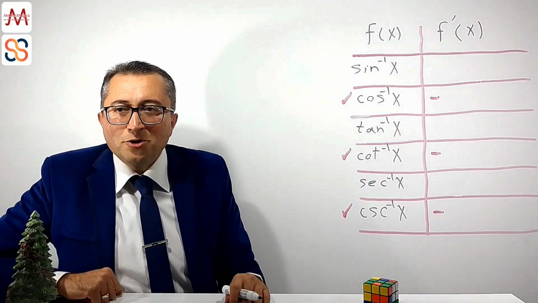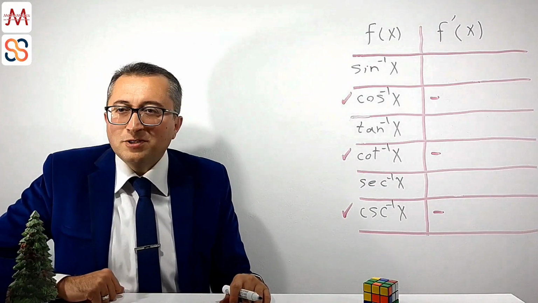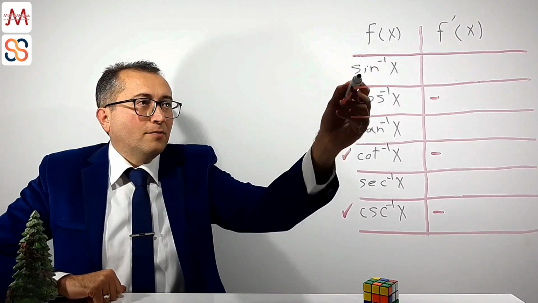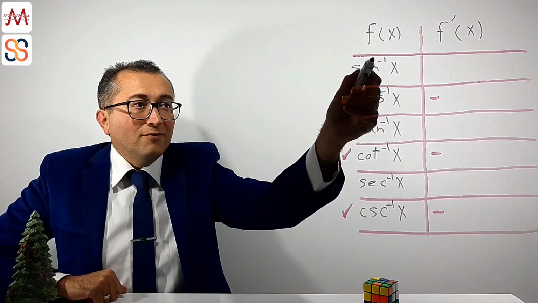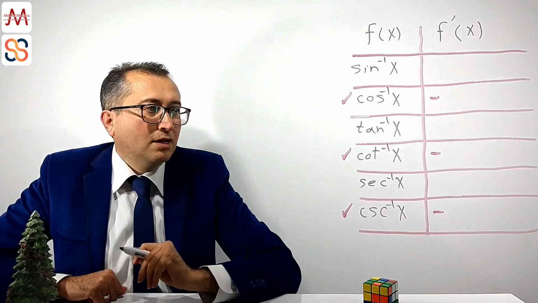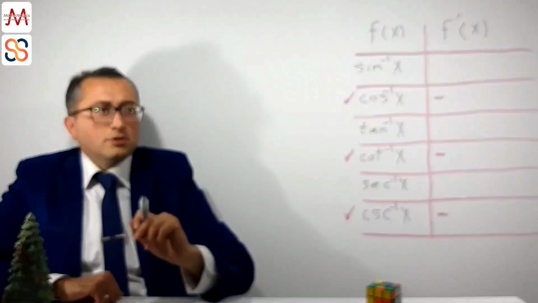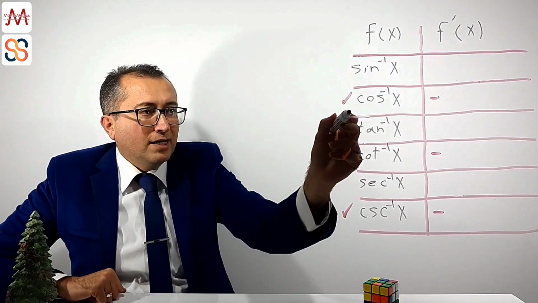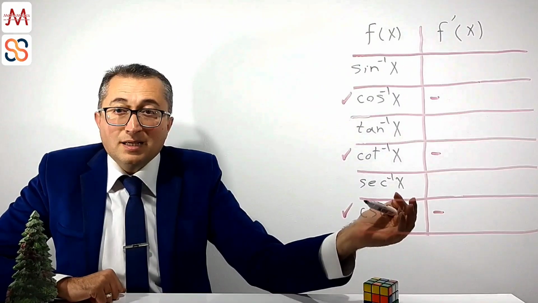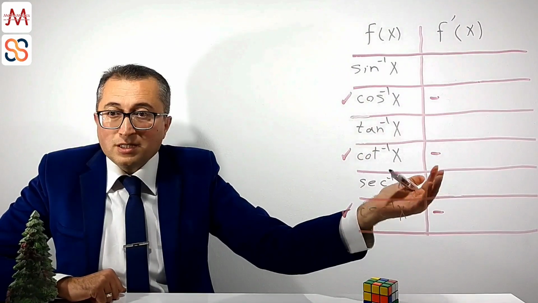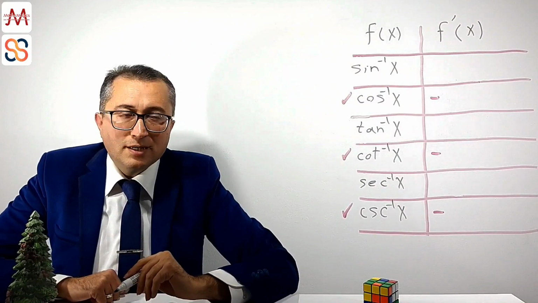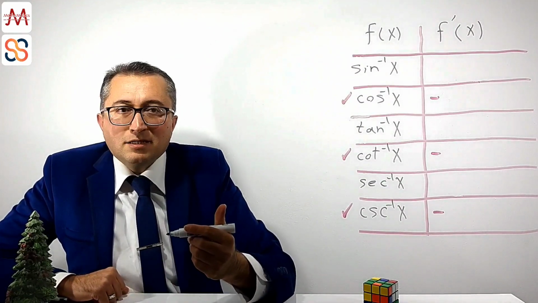Now, I want to show you how to memorize the derivatives of inverse trig functions easily. You know, for the inverse trig functions, we have this -1 notation. So, to do that, at first, if the function starts with the letter C, similar to the normal trig functions, their derivatives are going to be negative. The next thing is this.